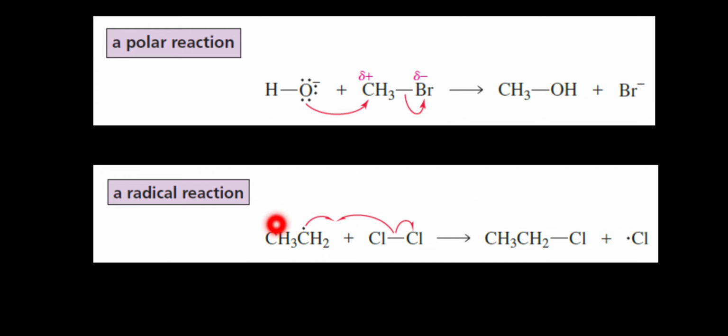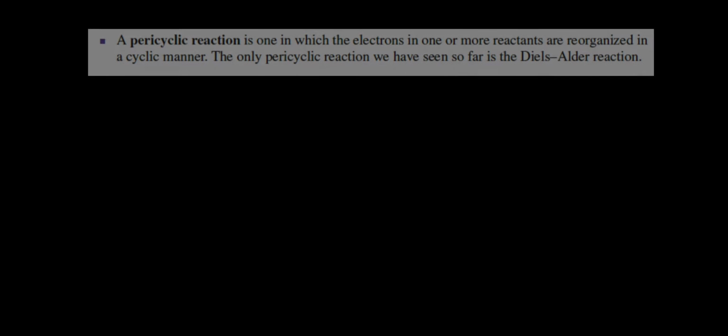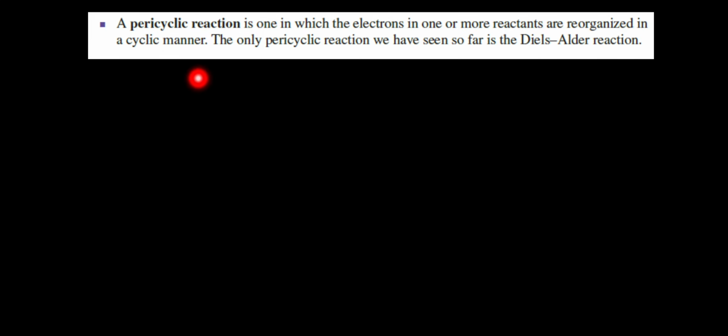What happens in a radical reaction? There is homolytic cleavage. Homolytic means a bond will break and both the atoms forming the bond will get one electron each. Okay, and what basically happens in a pericyclic reaction? In a polar reaction, we know there are a lot of reagents involved, whereas a pericyclic reaction is not affected by a catalyst or any reagent.